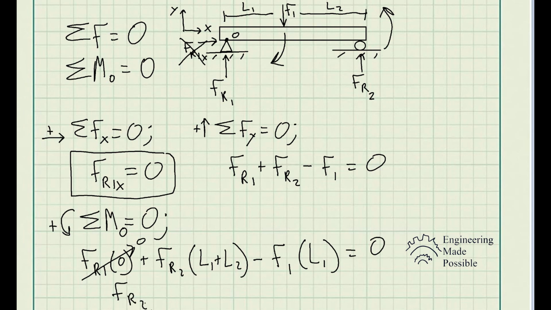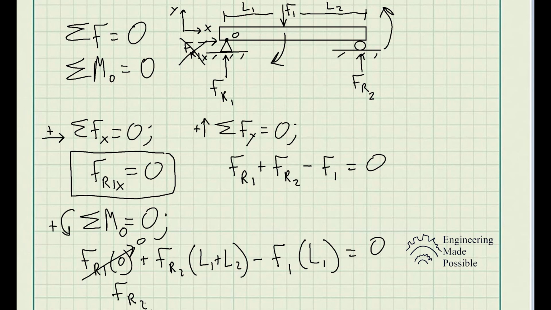So we bring basically F1 L1 to the other side of the equation, so now it becomes positive, and then you divide both sides of the equation by L1 plus L2. So you have the reactionary force at 2 is equal to F1 times L1 divided by L1 plus L2. So now that we have the reactionary force R2, we could go ahead and plug it in this equation, and our only unknown at that point would be the reactionary force at 1.